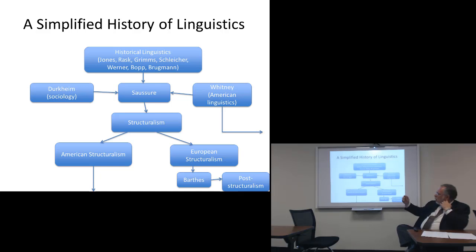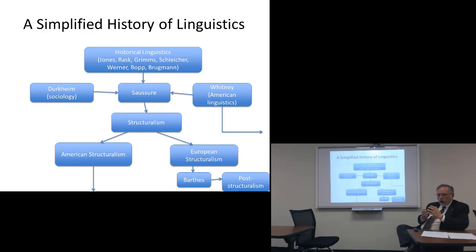And so Saussure, who was a Swiss-French linguist, was trained in historical linguistics, but he became dissatisfied with the whole historical approach, and he felt that you really needed to have a synchronic approach to language to understand it, so that you could do the diachronic approach better if you understood the synchronic approach.